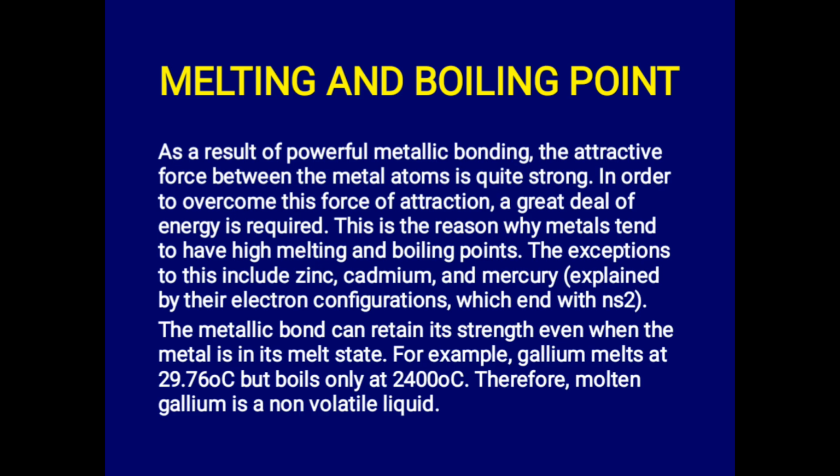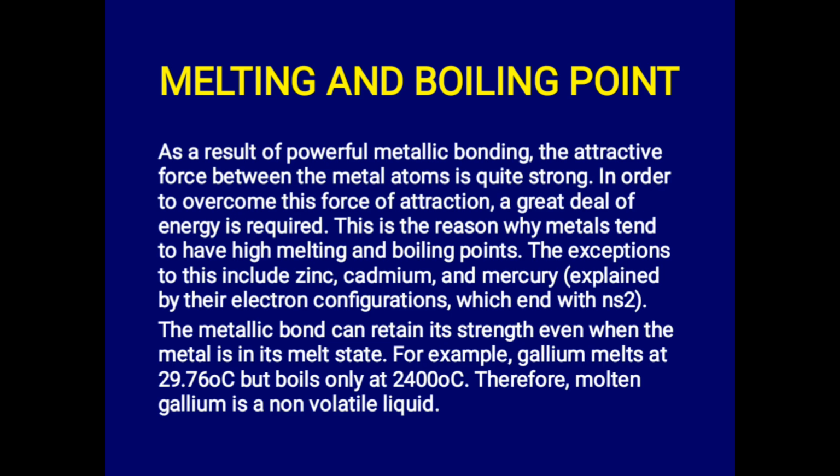Another property of metals is the melting and boiling point. As a result of powerful metallic bonding, the attractive force between metal atoms is quite strong. So to overcome this force of attraction, energy is required. That is why metals usually have high melting and boiling points.